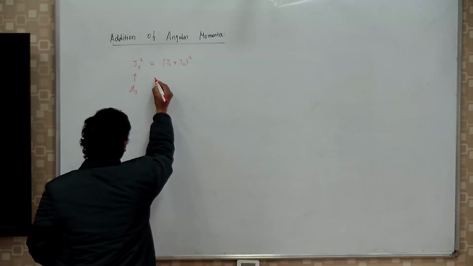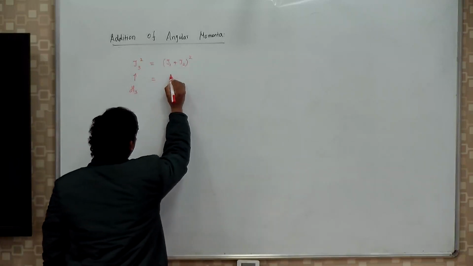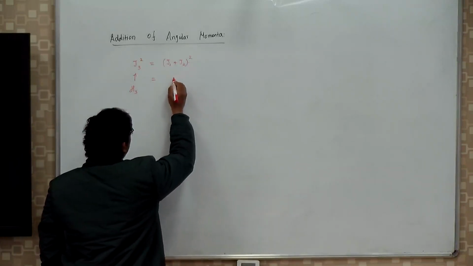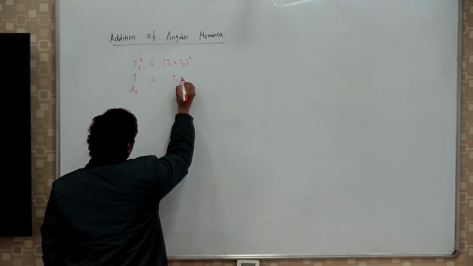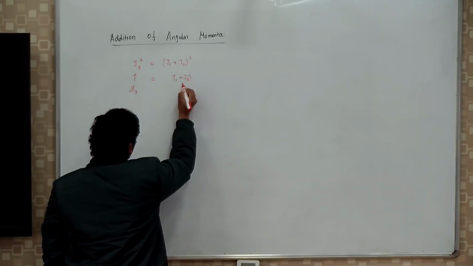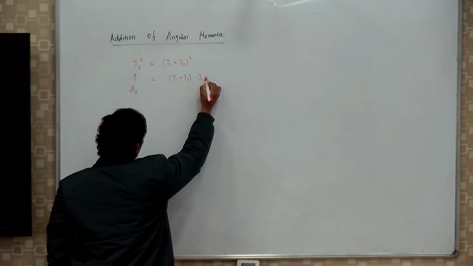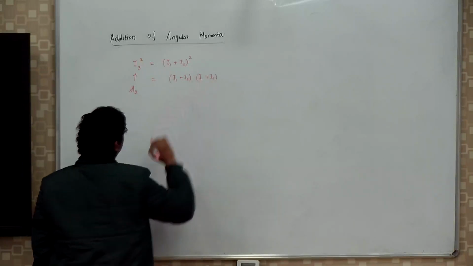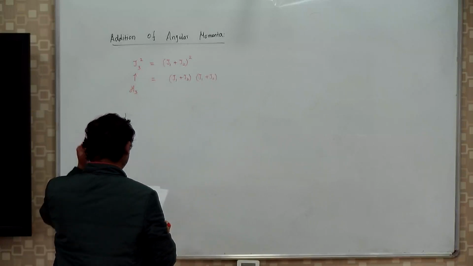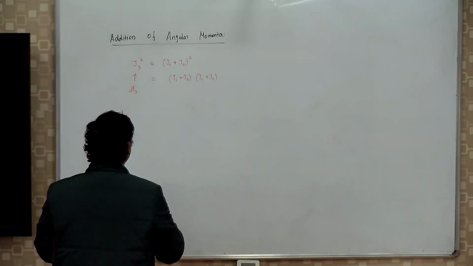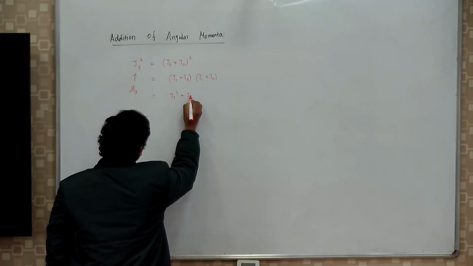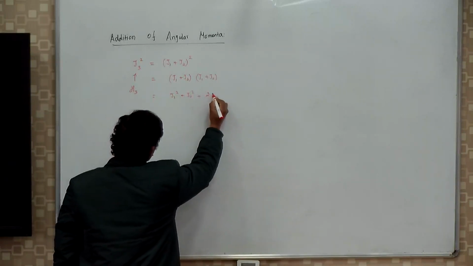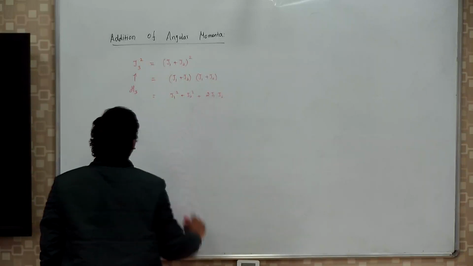Further, this expression can be written as a plus b whole squared. So a plus b and a plus b, we can write it. So Z1 plus Z2 and Z1 plus Z2 can be written in this form, or this will actually give Z1 square plus Z2 square plus 2 Z1 and Z2.